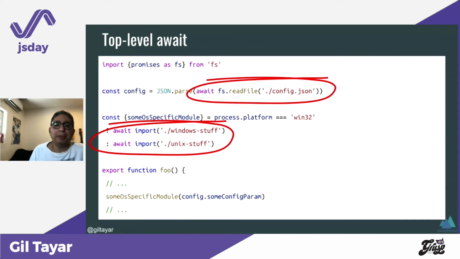Top-level await is the ability to await at the top level without having to add it into an async function. As you know, if you want to await, you have to have the function that the await is in be async, except if it's top level and you're working in Node.js. If you're working in Node.js, you can just await at the top level and it just works.